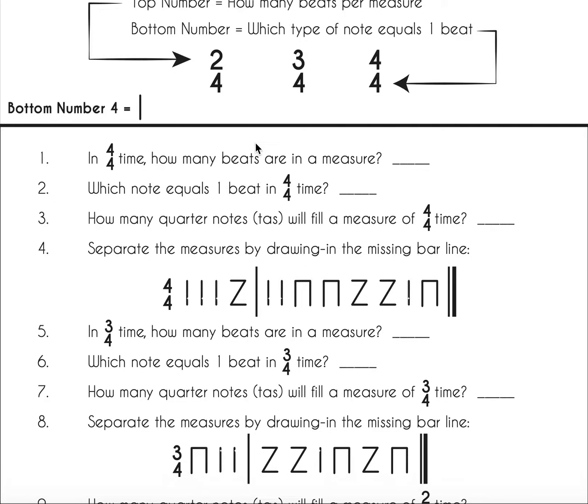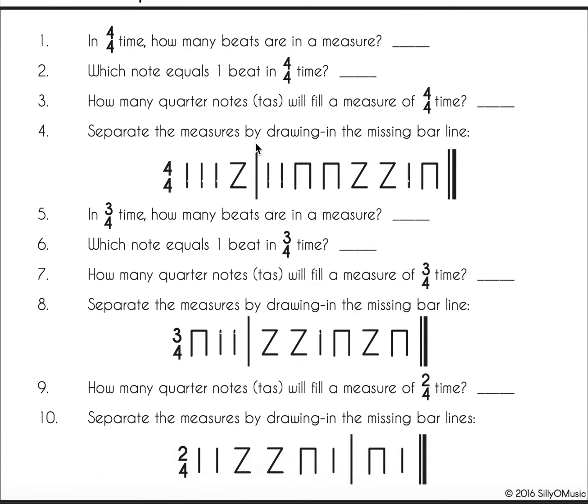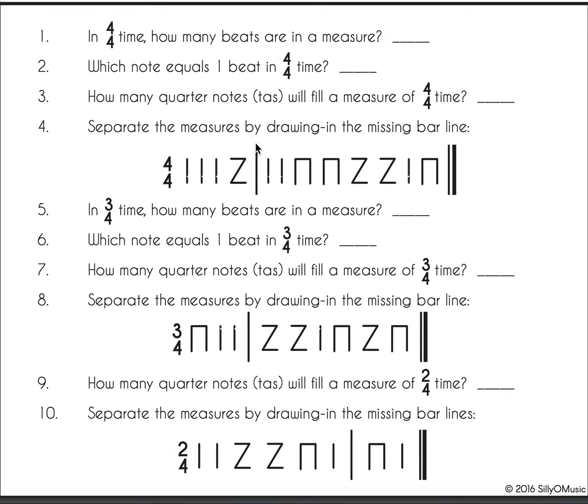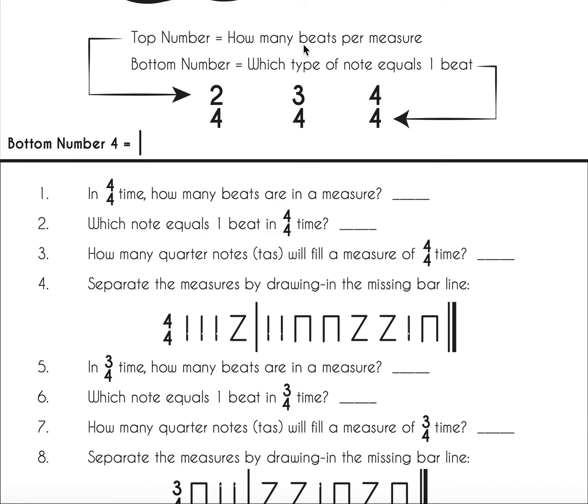So let's just go through a couple of these questions just to answer any questions you might have and just to hear what the directions are. Number 1 says, in 4/4 time, how many beats are in a measure? Now remember, if we go back up here, the top number tells you how many beats are in a measure. So whatever the top number is here, that's the answer for your question.